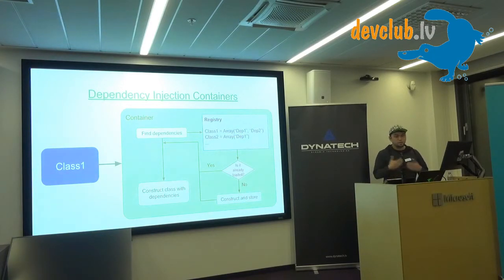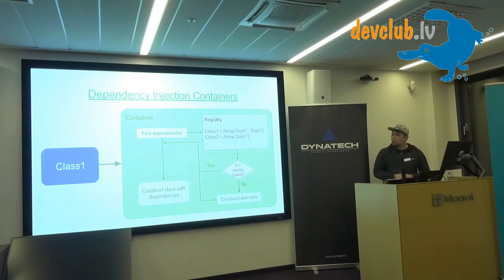And the dependency injection container knows what kind of dependencies class 1 requires. It looks for them, and if one hasn't already been instantiated, it creates an instance, stores it in the registry or a cache, constructs the object along with the dependencies, and returns it back to you. So that's basically what it does.